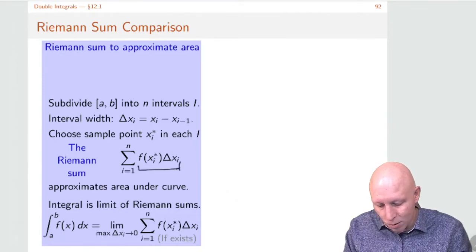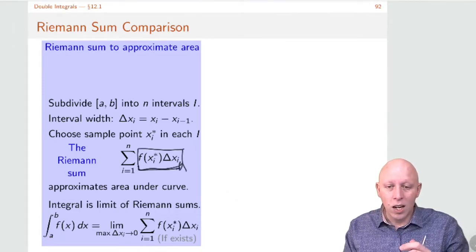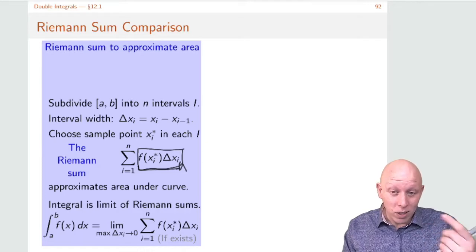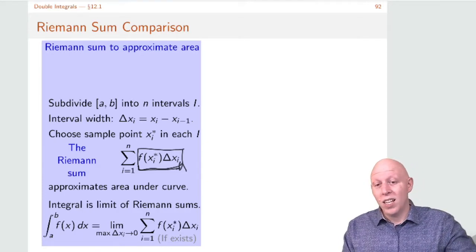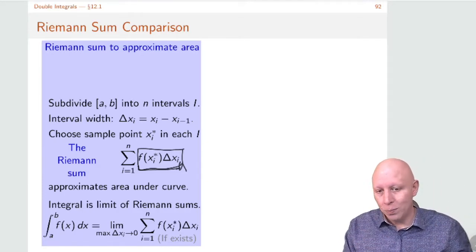So what we're doing here is adding up the area of a whole bunch of rectangles, and from that we get the area under the curve.